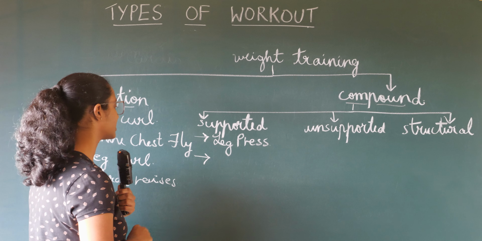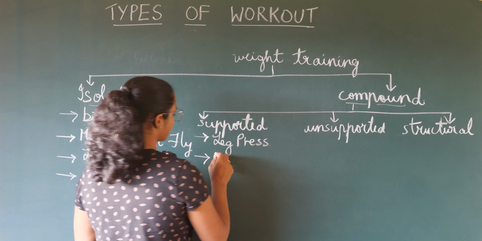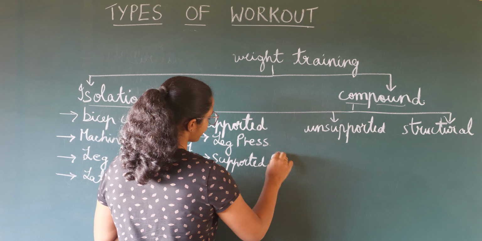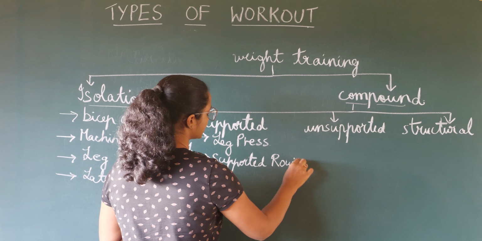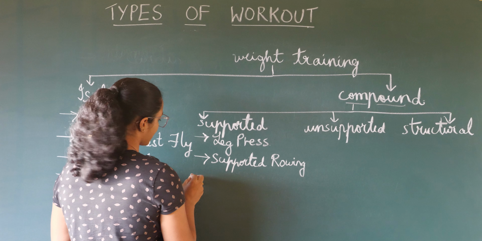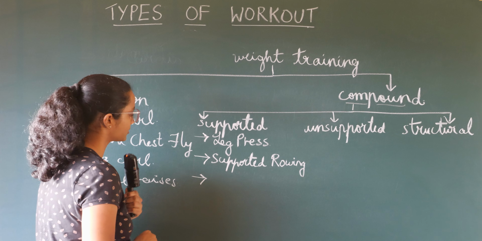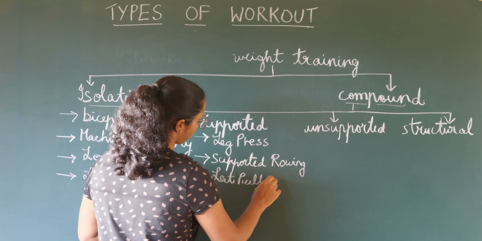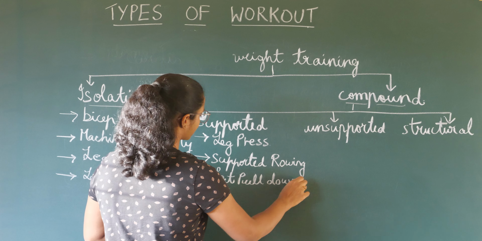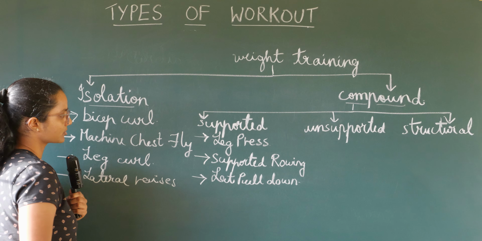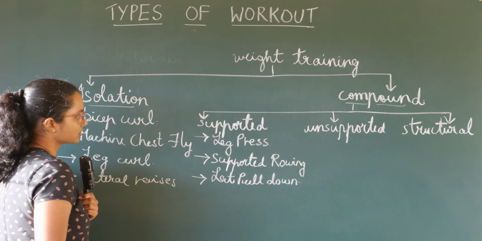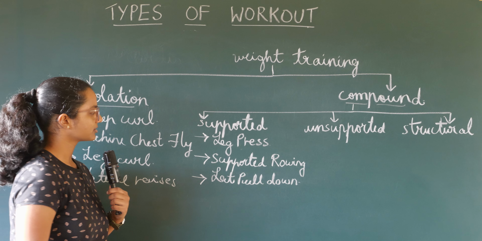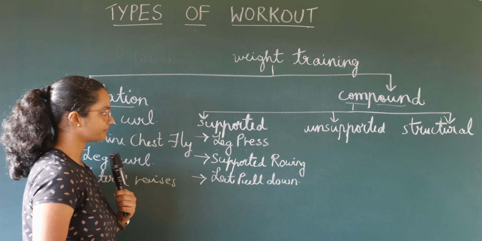then it is supported rowing, and lat pull down. So if you have not seen, you can just check out the leg press machine which is there in the gym.